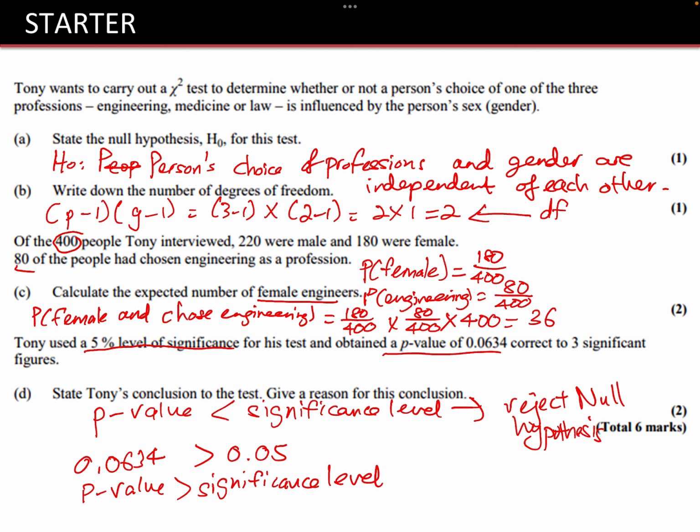In fact, we're going to say that we fail to reject the null hypothesis. And that simply means that if we conclude this, we could easily say that a person's choice of profession and gender would be independent of each other.